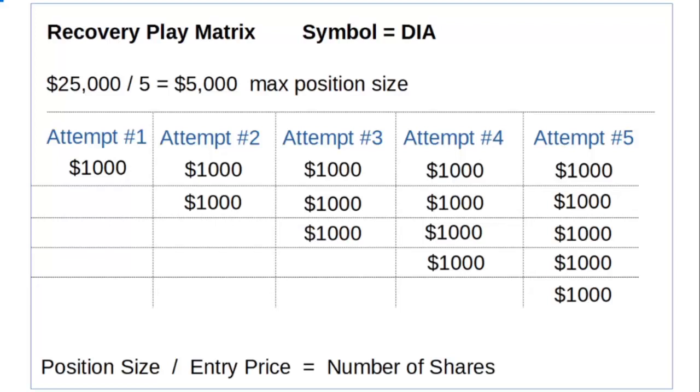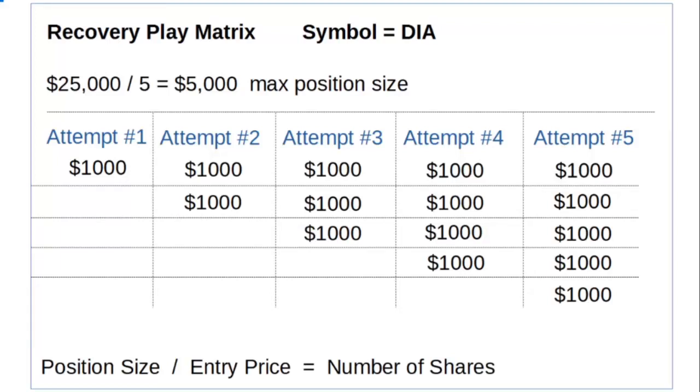Now, let's say that another one of your symbols stops out, and you're out of it. You take a second entry, slightly bigger position, and what that does is if that one works, that's going to make up for the stop out. You see, it cancels out your losses. And again, it's going to depend. But if we go back up to T1 levels, you're definitely going to be canceling out your losses with that.